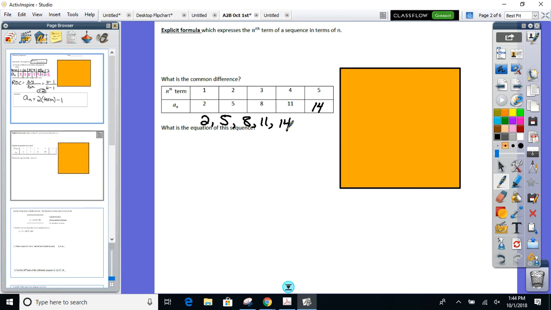Okay, like Jason just did, can you find a rule? And I'm not talking about add 3. Can you find a rule, what I could do to the actual term to figure out what the term will end up being here? So the term's position, what will the term end up being? So how do I go from 1 to 2, 2 to 5, 3 to 8, 4 to 11, 5 to 14? Can anybody come up with the same thing every single time?